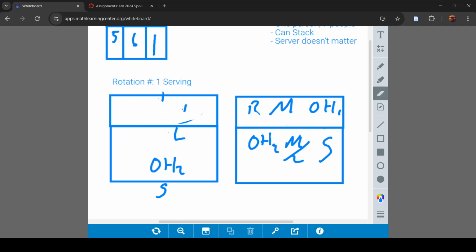Now, serve receive is different. Serve receive is always more complicated than serving.